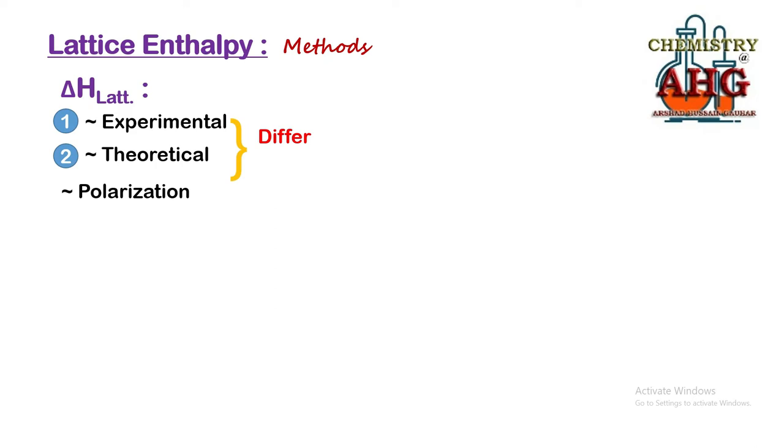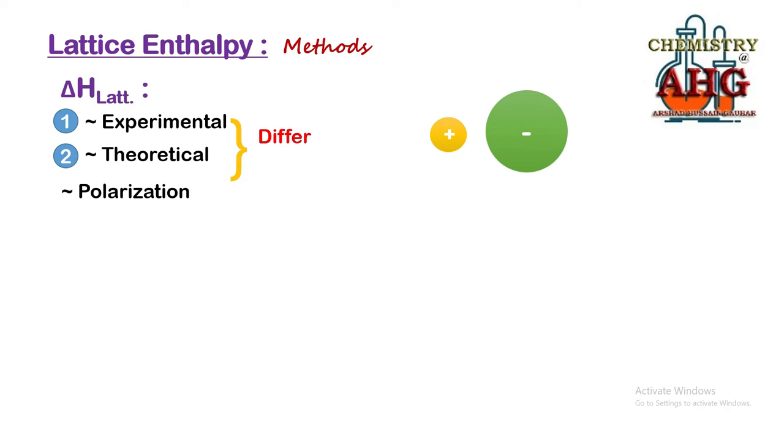Polarization can be explained by simply considering, you people know, every ionic compound is made up of positive ion and negative ion, and if you compare, positive ions are always smaller than the negative ions. So when positive ions are smaller, they are able to attract negative ions towards themselves strongly.